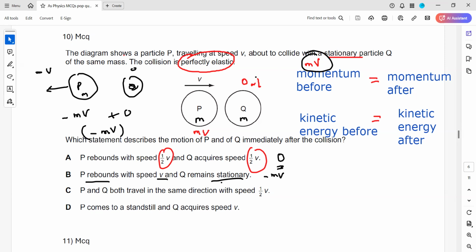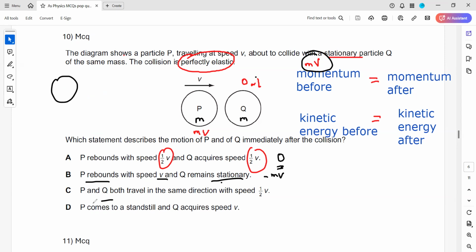When we check option C, P and Q both travel in the same direction at speed v by 2. So P is moving at a speed of v by 2, and Q is also moving at a speed of v by 2.